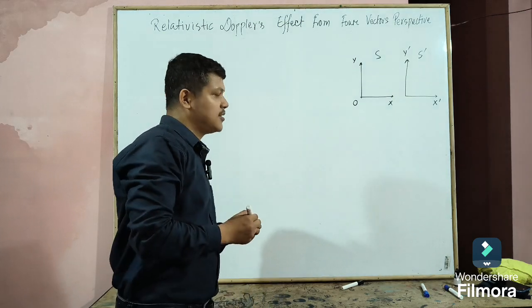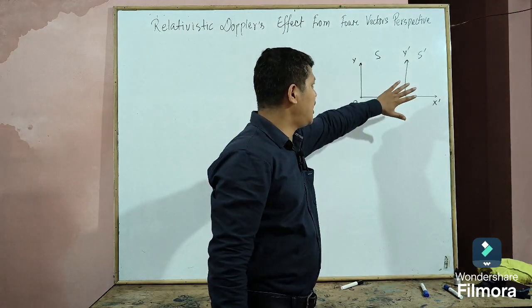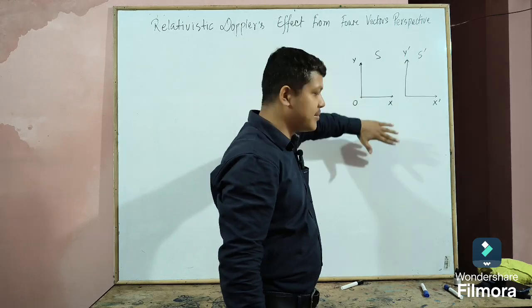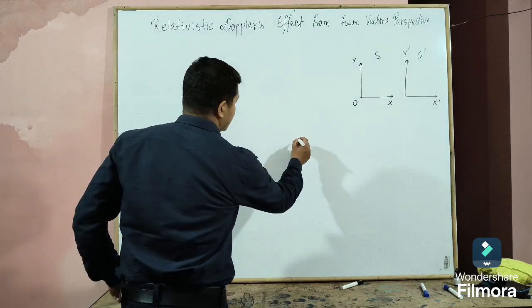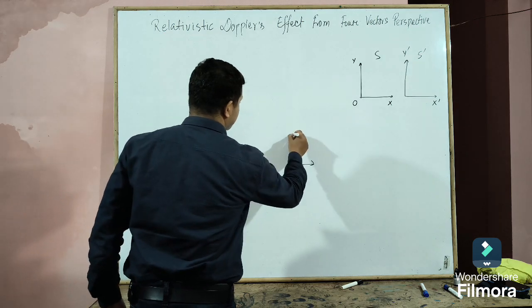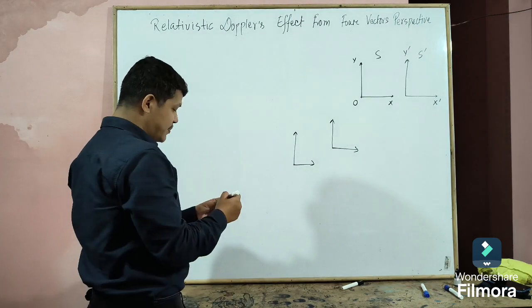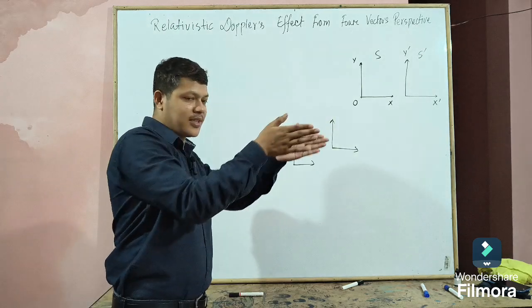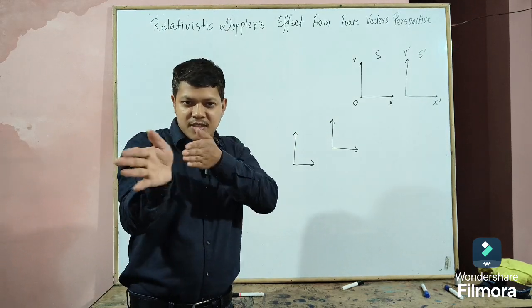Now you see, it is not necessary that these two frames are in the same plane. They may be in this way, or they may be parallel also, like this. They may not be in the same plane.